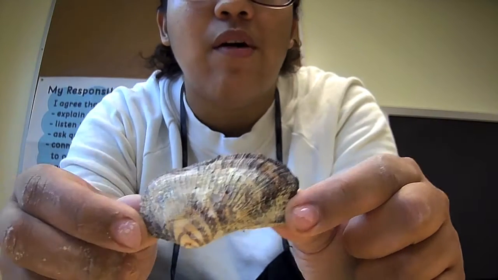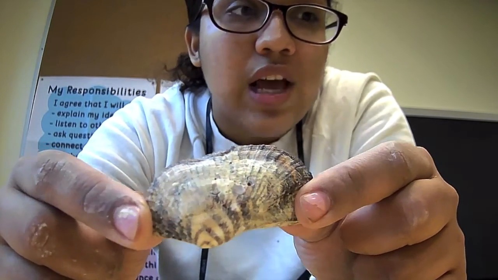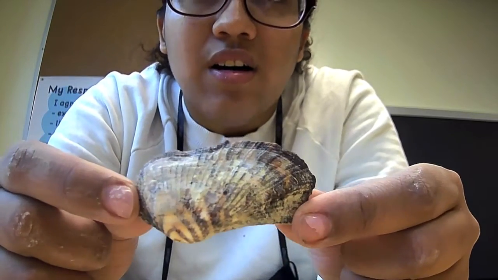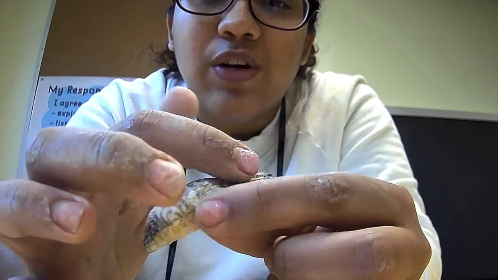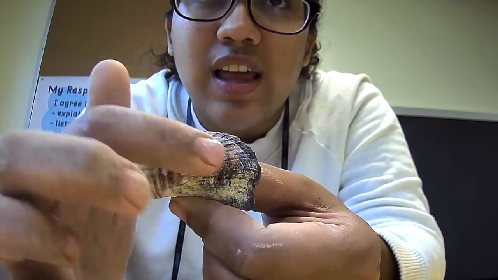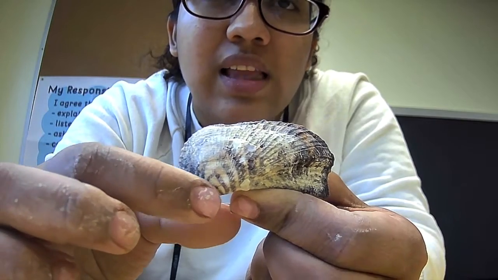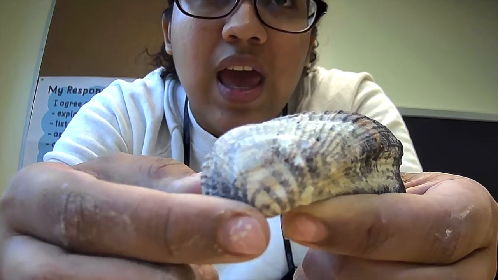Now let's add our observations for organism 3. Now I have shell number 3. It has a tan color, but most of the color in the outline is black. It has a couple of lines of a tan and black pattern.